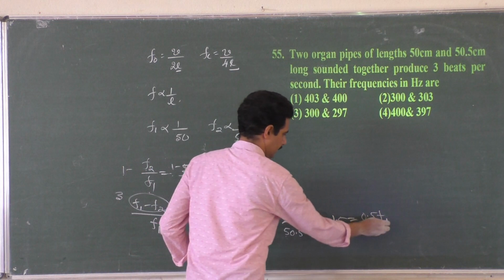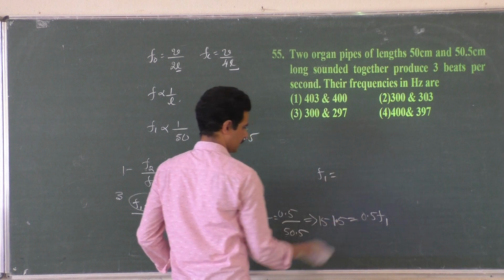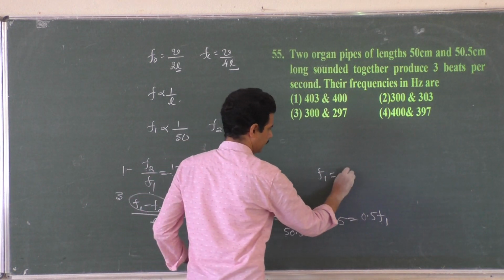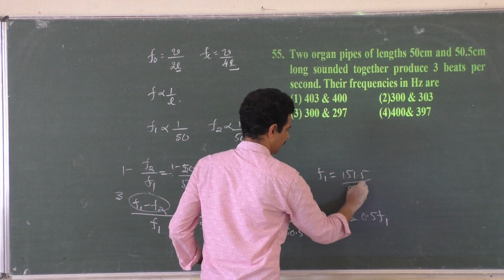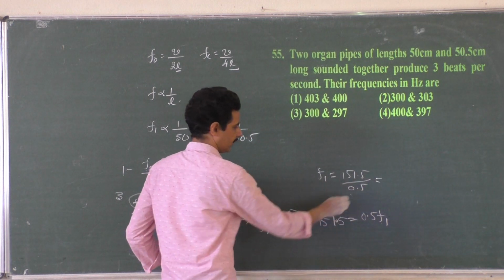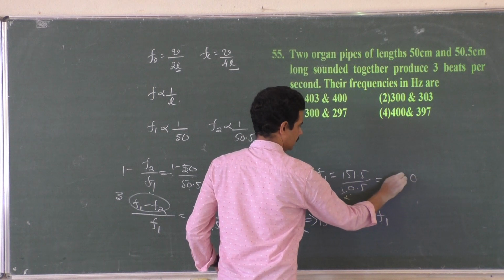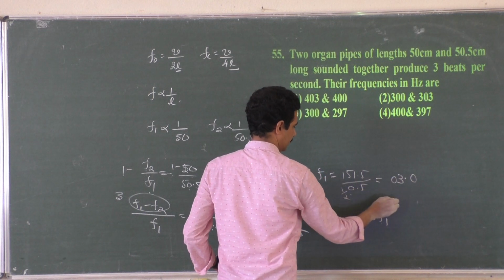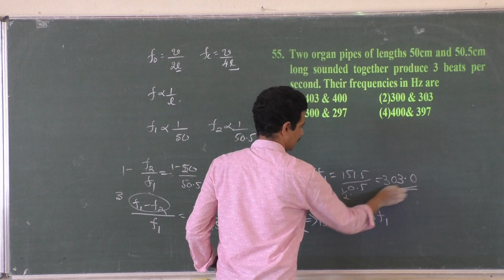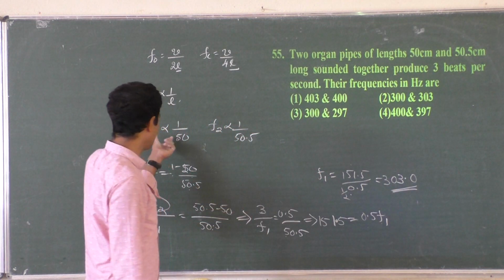What is F1? F1 is equal to 151.5 by 0.5. That means this into 2, since 0.5 is half. So into 2 means 303. That is F1, greater.